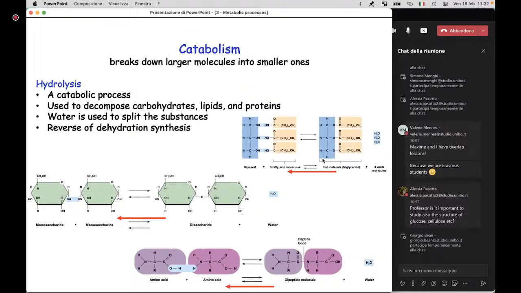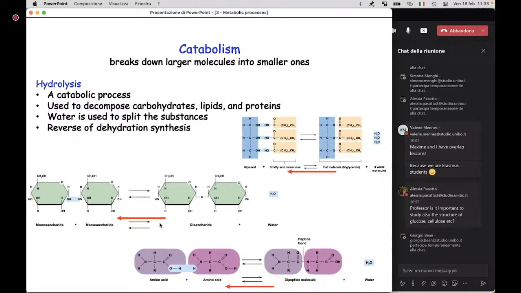And in a way, many catabolism reactions are simply the opposite reaction, or better, the same reaction going in the opposite direction. Here you can see the images are exactly the same I showed you before, but as before, they have a double arrow between them, meaning that this is an equilibrium.